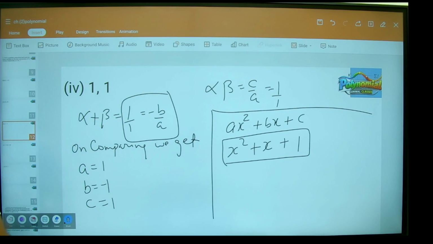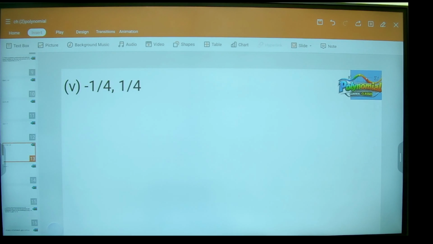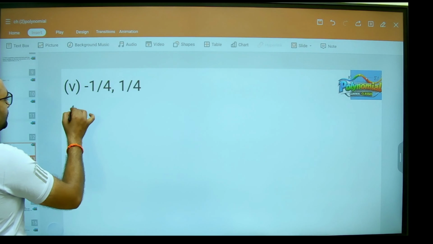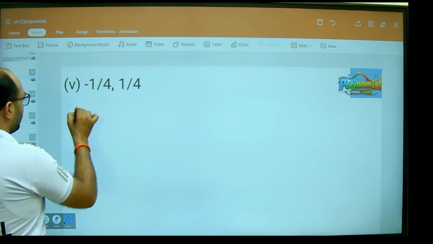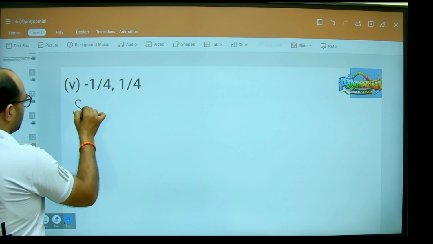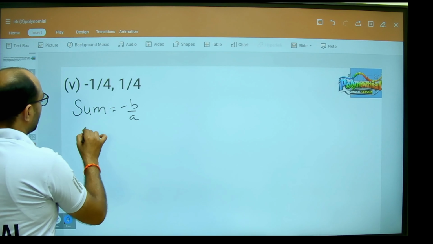Next part, minus 1 by 4 and 1 by 4. Sum: minus b by a, alpha plus beta.